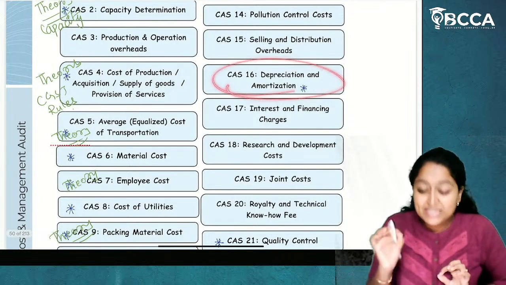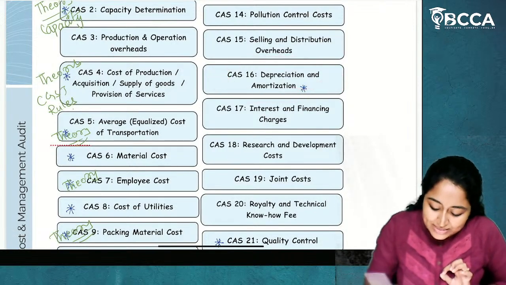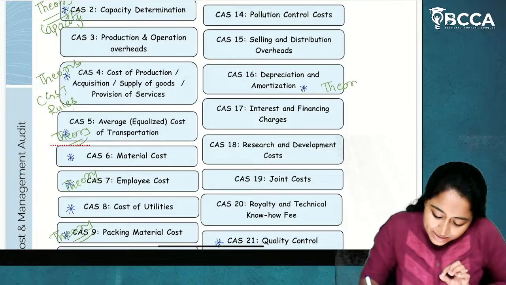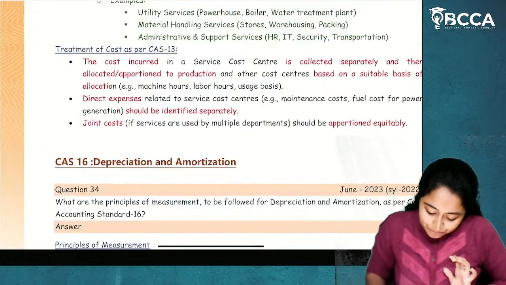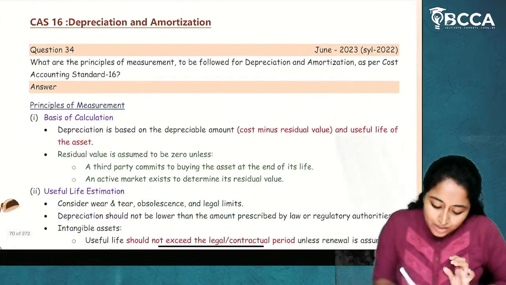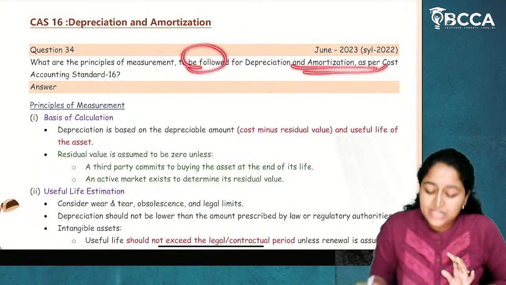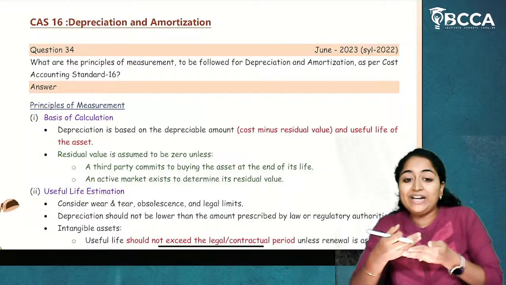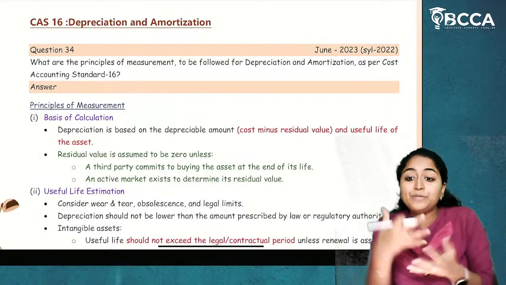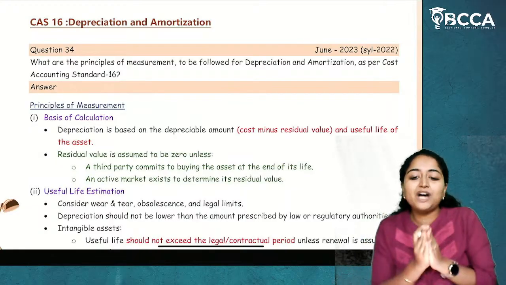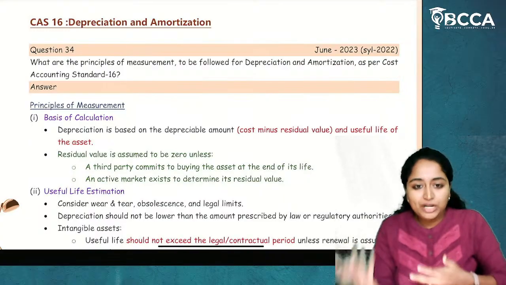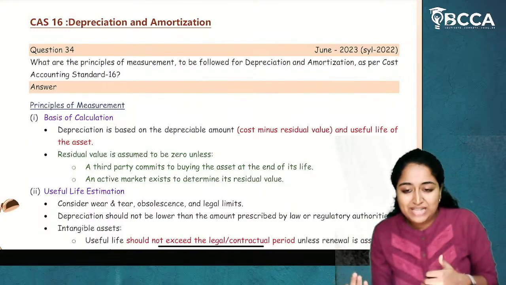And CAS 16, depreciation and amortization, a theory question may be tested in the examination. What are depreciation and amortization? What are the principles of measurement to be followed for depreciation and amortization? We have the entire fifth point, which talks about the principles of measurement. Many of you already know how cost accounting standards are structured.